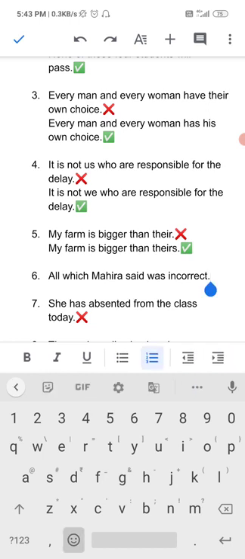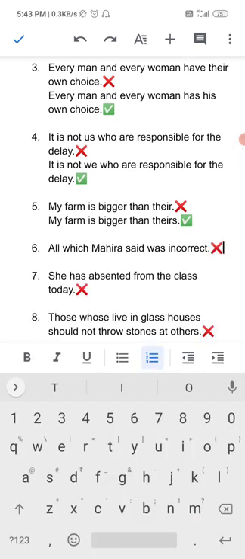Okay, question number 6. "All which Mahira said was incorrect." Here we have used a pronoun, all, in our sentence, and the rule says that all takes the relative pronoun that, not which.